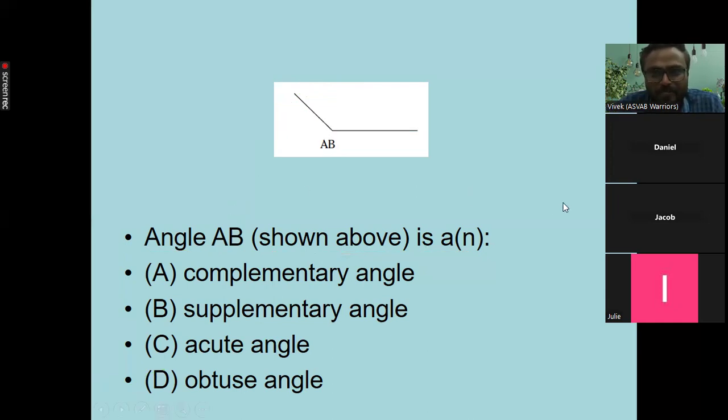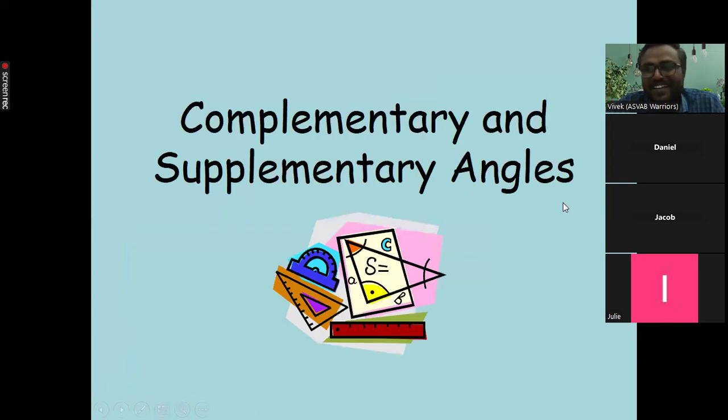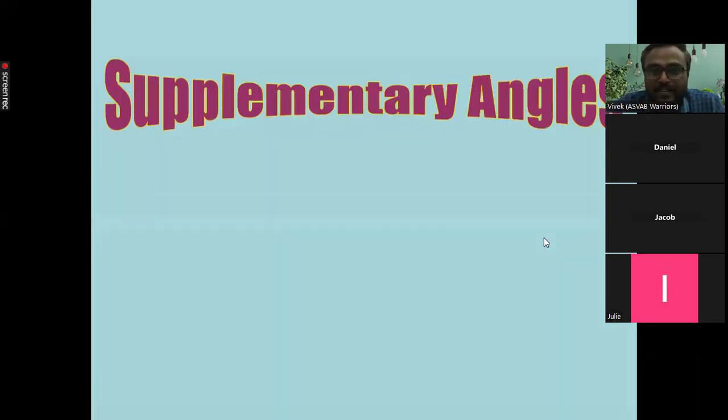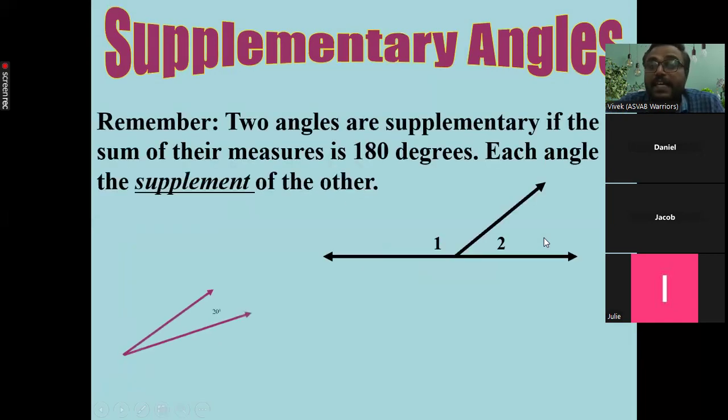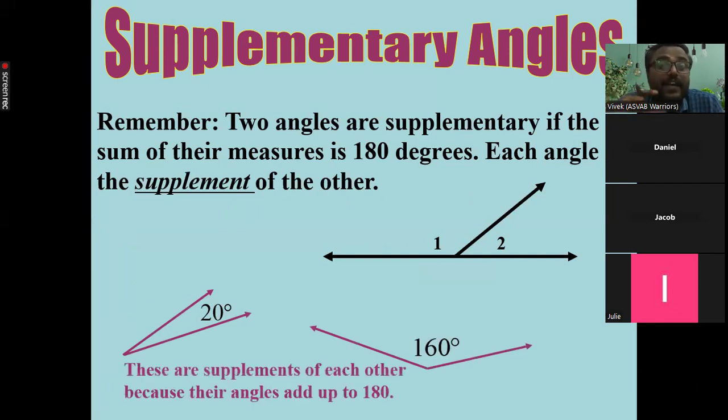So hold on. And here is your slide. Here is your question answered. We're going to learn about complementary and supplementary angles. So Jacob, let's learn about supplementary angles first. If two angles are supplementary, that means their sum is equal to 180 degrees.